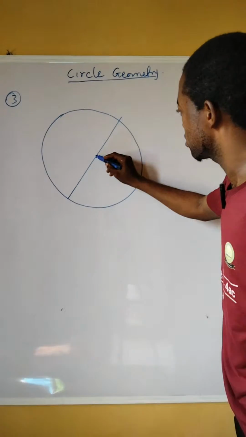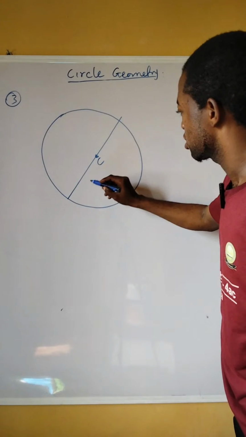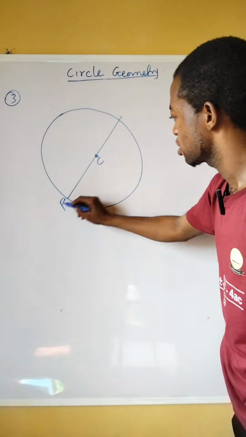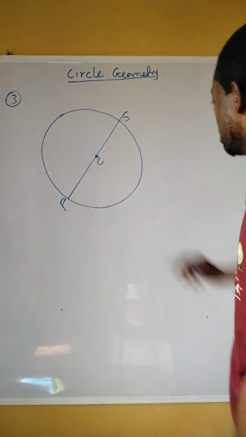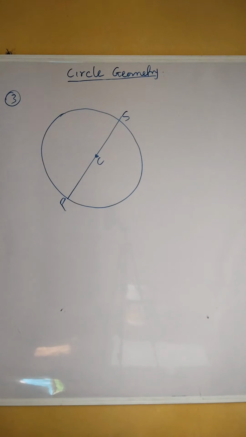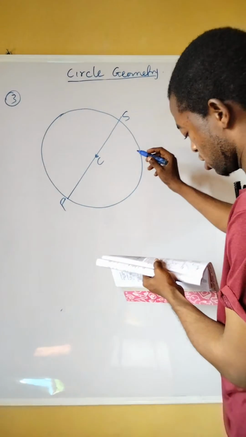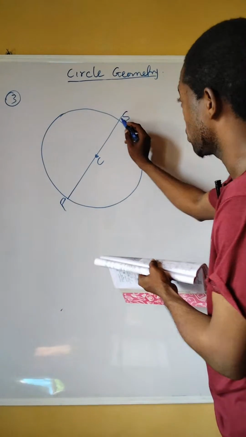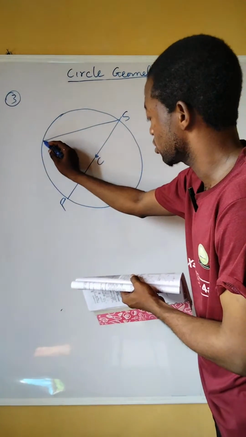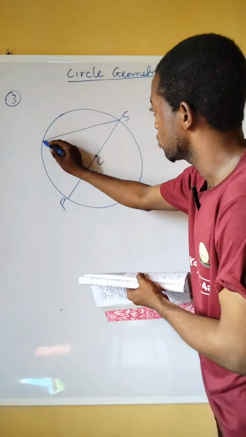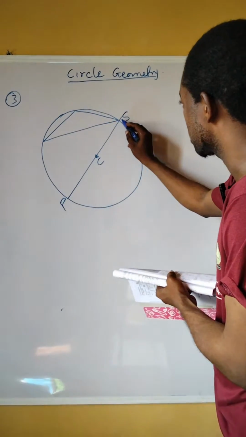The center is labeled as C, then this is P, this is S, and here there is a line drawn from this side. We have this line which is used to form a triangle here.